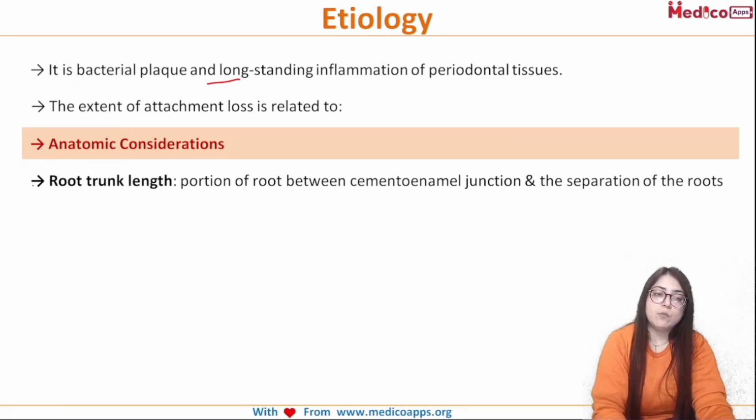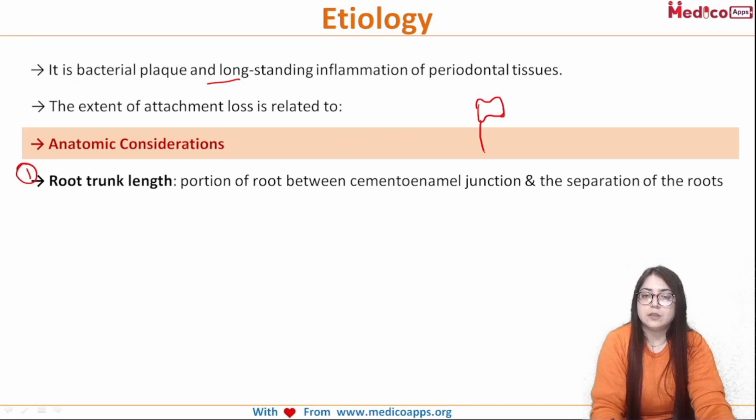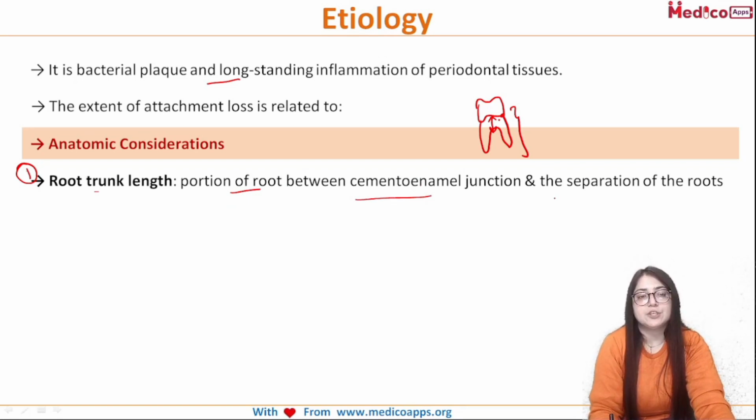First and foremost is the root trunk length. Suppose this is the tooth. The portion of the root between the cemento-enamel junction and the separation of the root is the root trunk length.